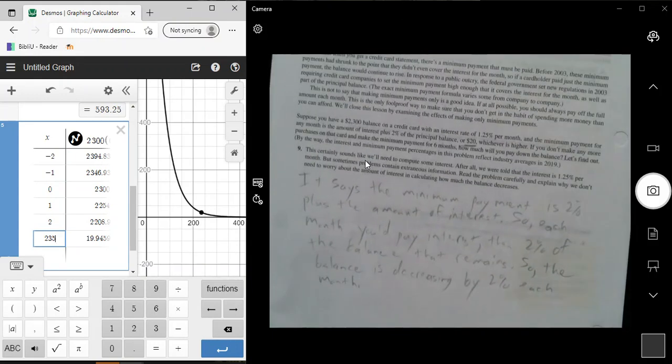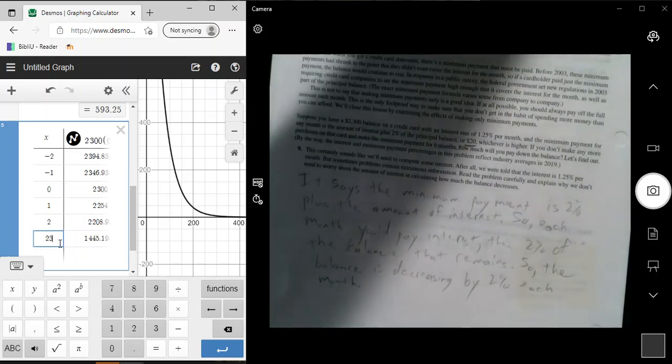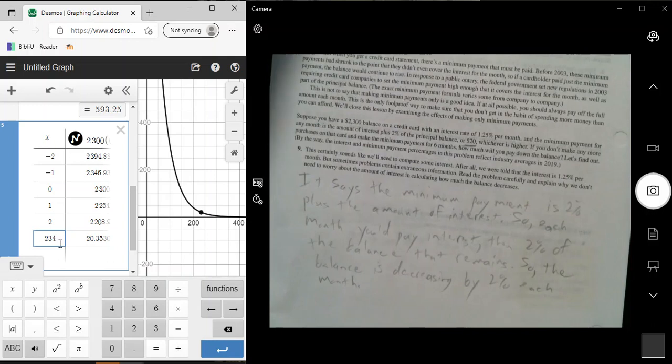So basically, when we get here about the 235th payment, that's the closest we will come to $20, because once we get here, we will pay that and that will pay it off.